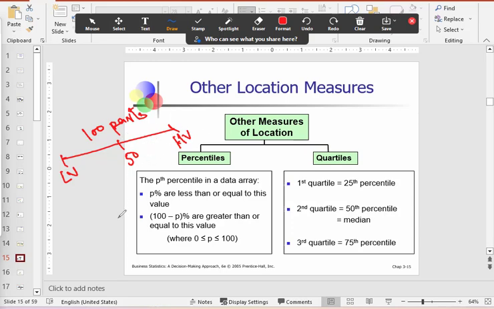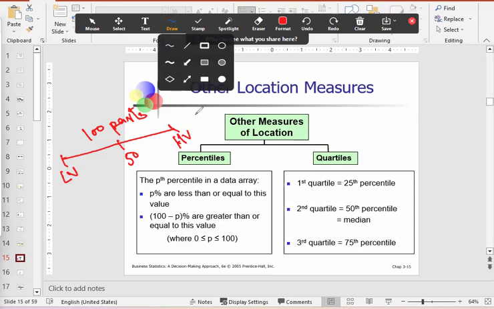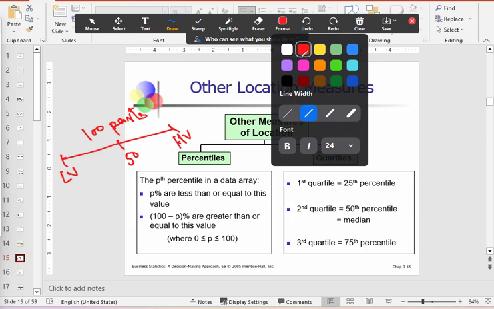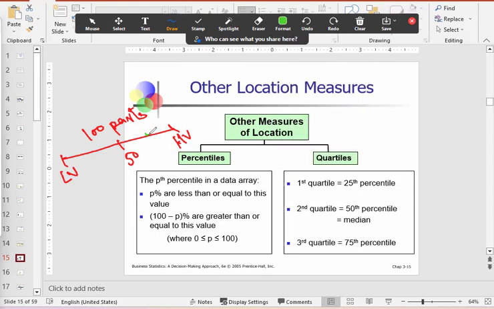And then you can find out the position of a particular number in the data. Suppose you have some number here that is 250. The advantage of percentile is it will tell you how many positions in the data are already crossed when you are moving from here to here.